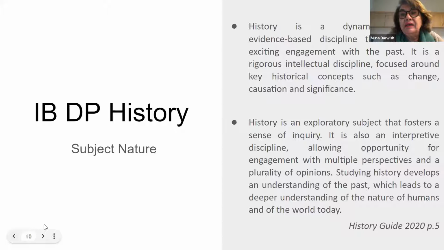Very quickly, as you might all know, being experienced history teachers from different schools, the history course, like most of the IB courses, is an evidence-based discipline that engages students in rigorous intellectual discussions regarding concepts, which are 6 concepts in the history course, and they provide the overarching umbrella for learning and teaching.